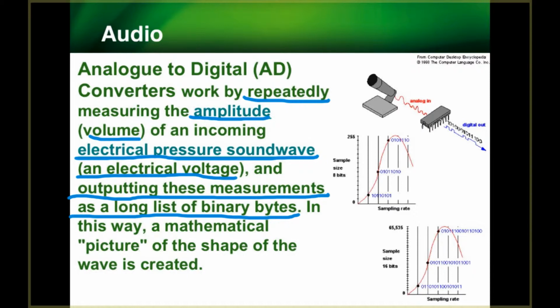Again, if you're not familiar with computers, you may not know what binary bytes means. We'll get a lot more into that in the next lecture. But with these binary bytes, these little bits of information, it creates a mathematical picture of the shape of the wave. I think you saw that in the last picture. You take sample, sample, sample. It's like connecting the dots.